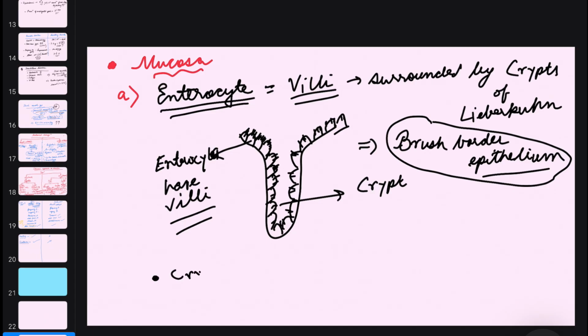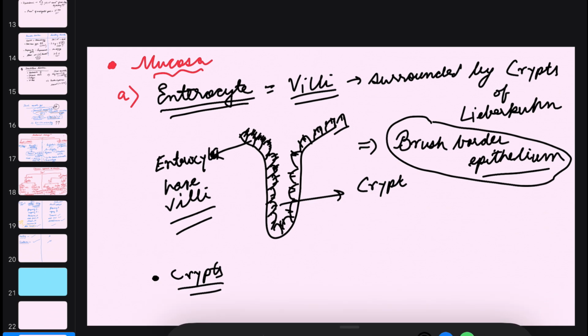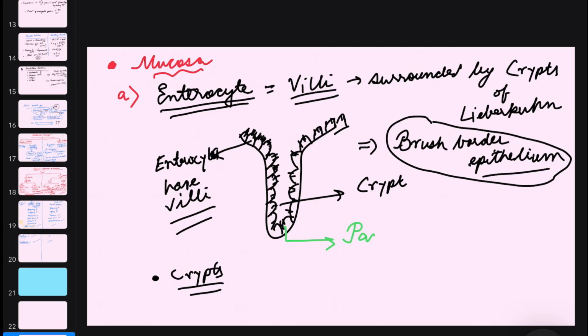The crypts of Lieberkühn. These crypts, they have some special cells. What special cells are we talking about over here? You can already see. Let me just label it in a different color so that you will be able to appreciate it. At the very base, these cells of the crypts are called Paneth cells.